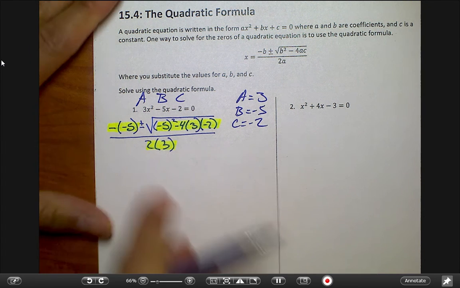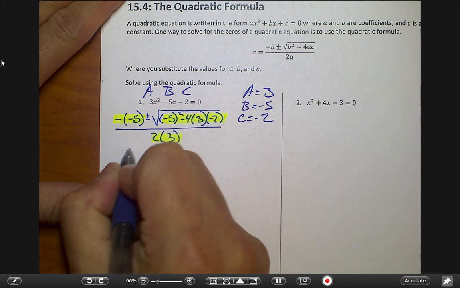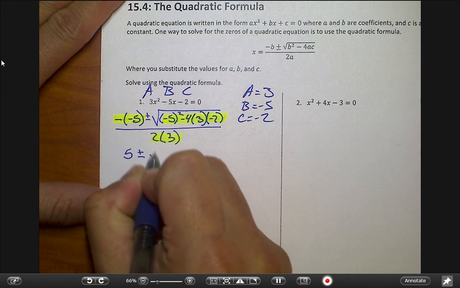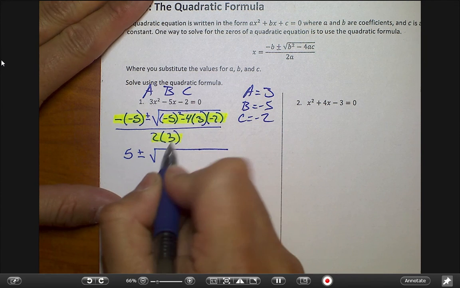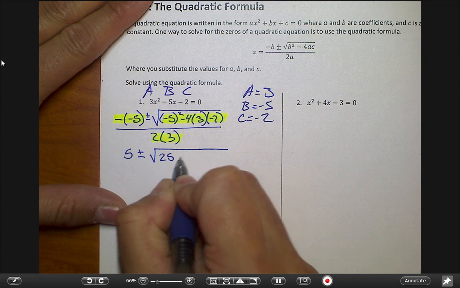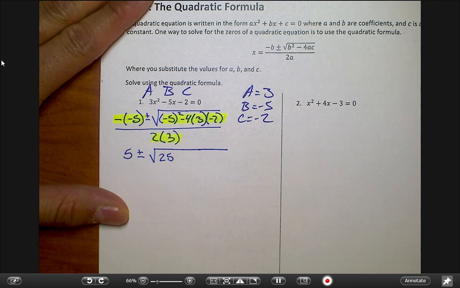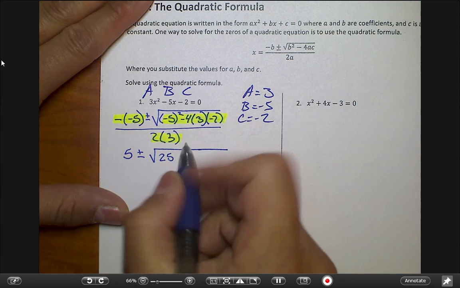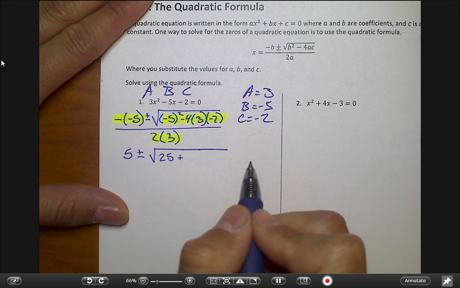So let's see. This is going to give me a positive 5. Plus or minus square root. Negative 5 squared is 25. And negative 4 times 3 times negative 2, it is a positive, what's that going to be? 24?